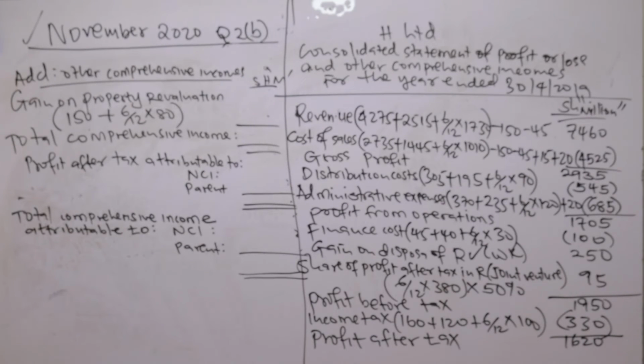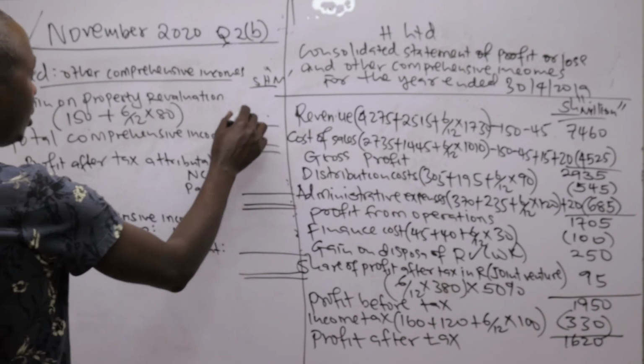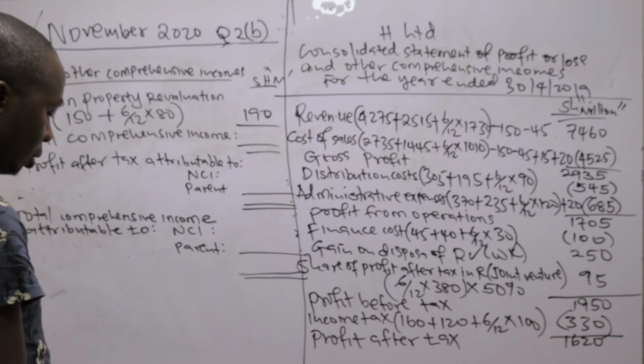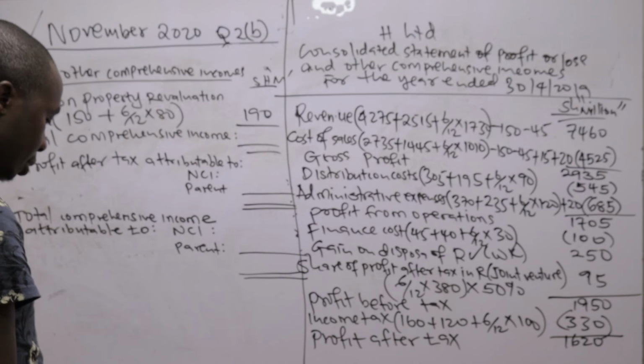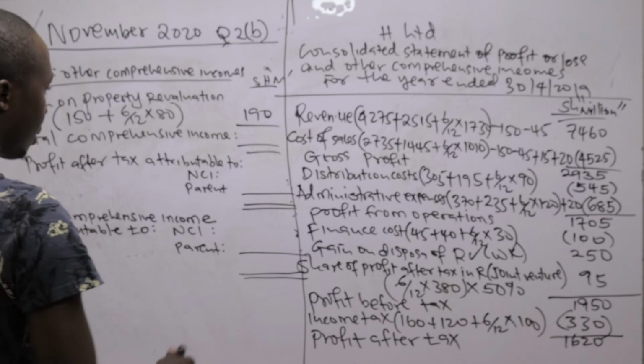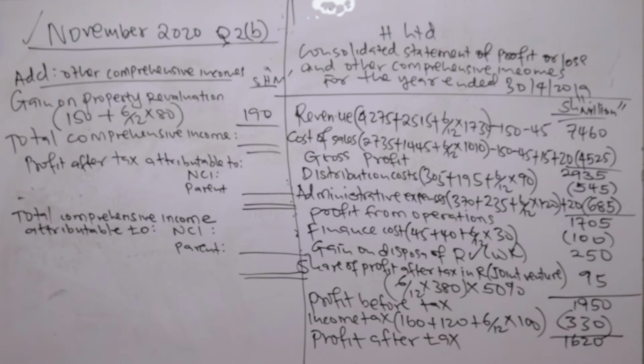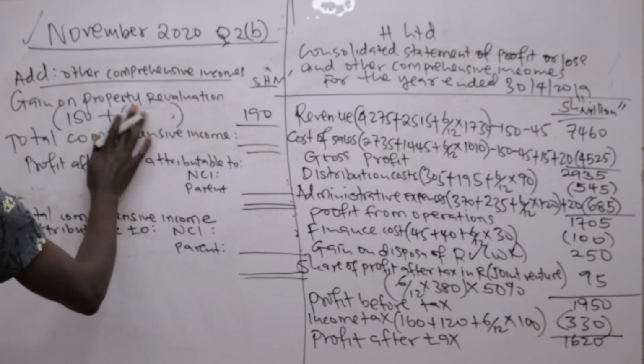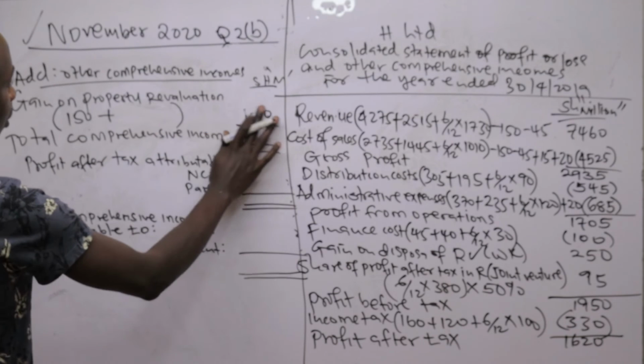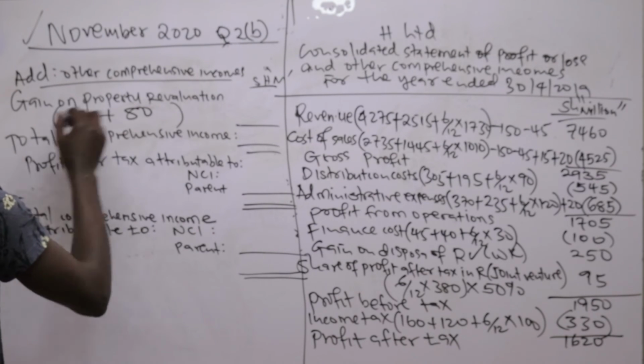1620, 150 plus 40. This is 190. So 1620 plus the answer. But now remember that this one was for S, not R. So this one was not apportioned. So it was 80.